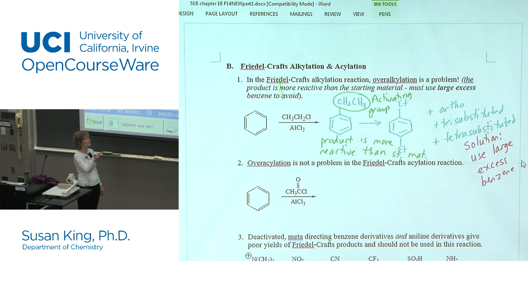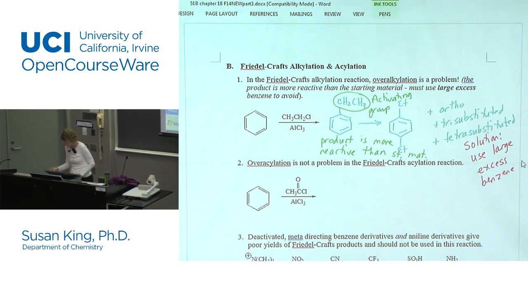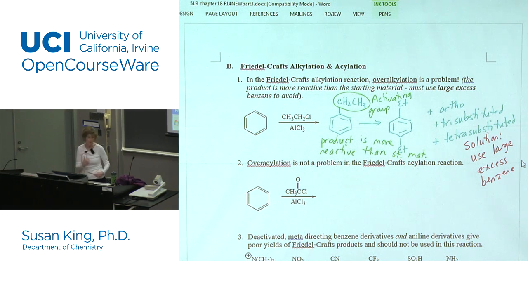Remember, when the chloride attacks the aluminum, we get that activated electrophile. It's more likely to encounter a benzene than one of these products. So that's a way around that. Use a large excess of benzene for Friedel-Crafts alkylation if you just want one group going on. Just keep that in mind for the exam coming up.